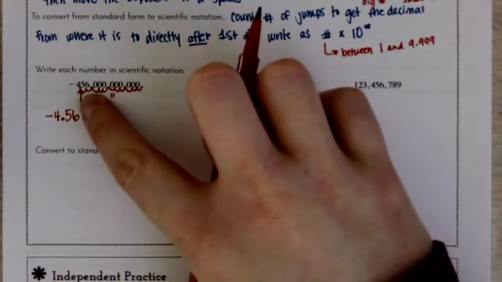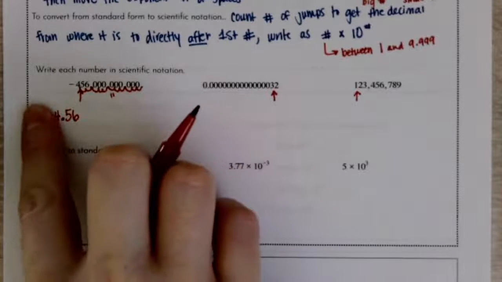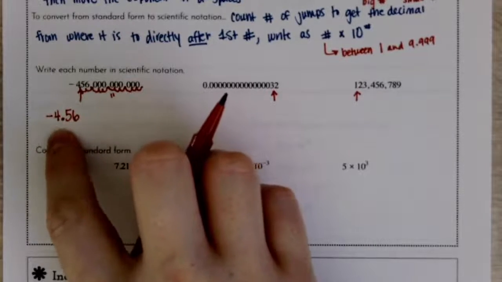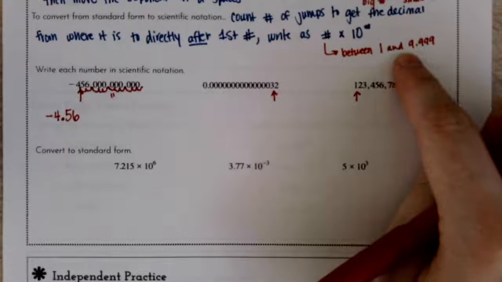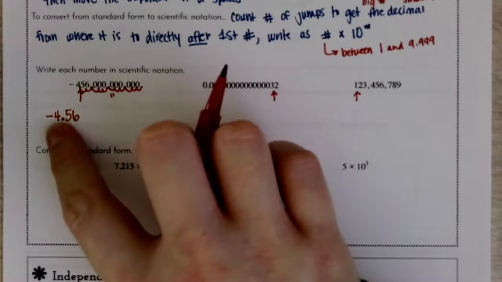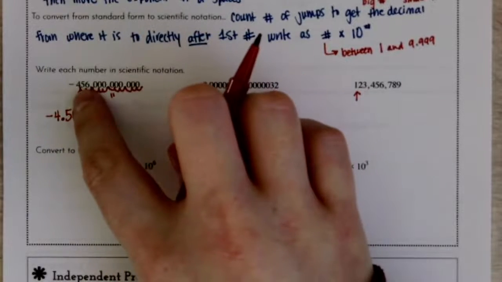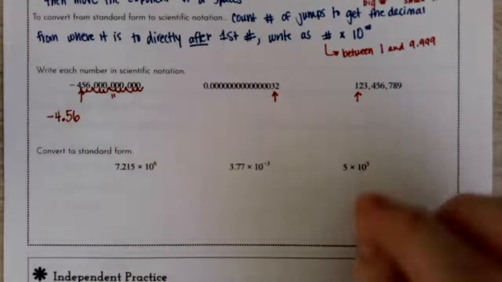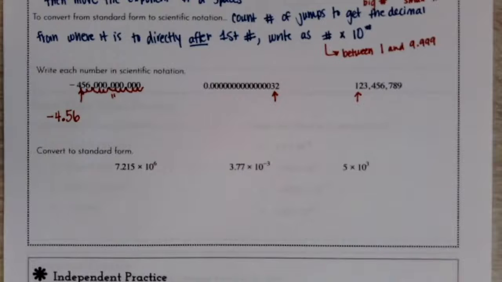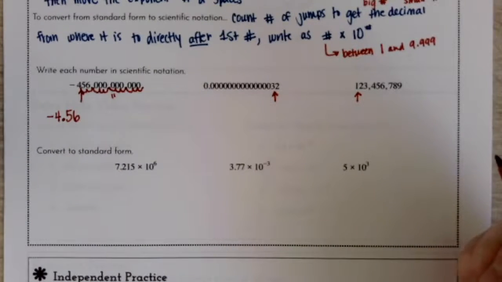If you drew your arrow in the correct spot, this number, not including the negative sign, but just the actual number, will always be between 1 and 9.9 repeating. If you messed up and you have like 45.6, that's too big, so your arrow was in the wrong spot. You got to move your arrow to the right spot and then count again. So just double check that this number is in between 1 and 9.9 repeating.